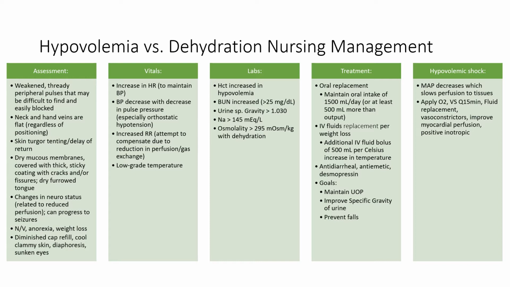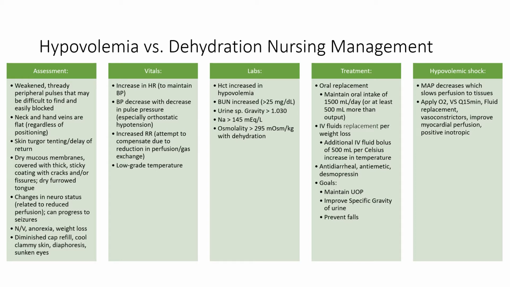IV fluids we may have to progress to, or in the severe cases, start with. And this is going to be based on how much weight loss that the client has had in this fluid deficit state. We are going to do IV fluid boluses of 500 milliliters per Celsius increase in temperature also.